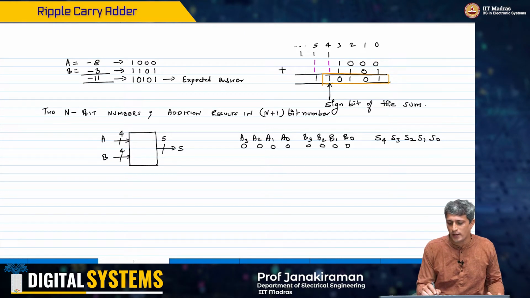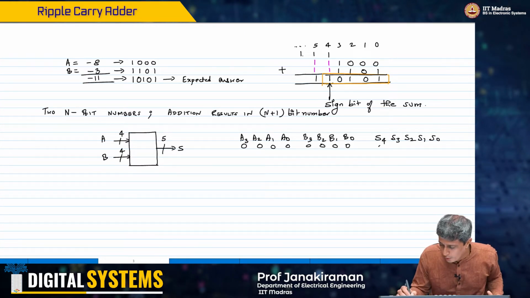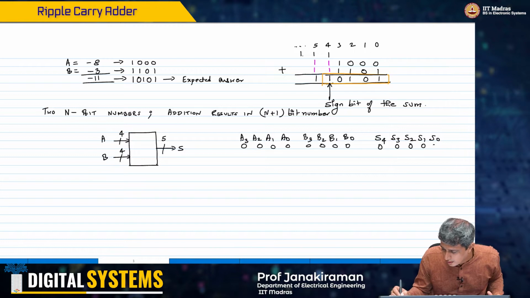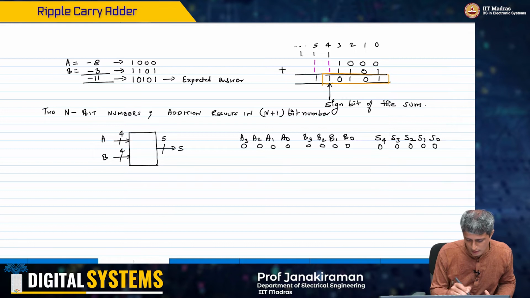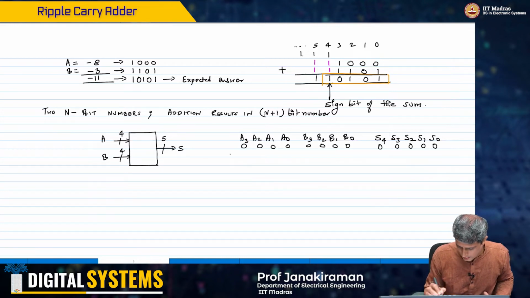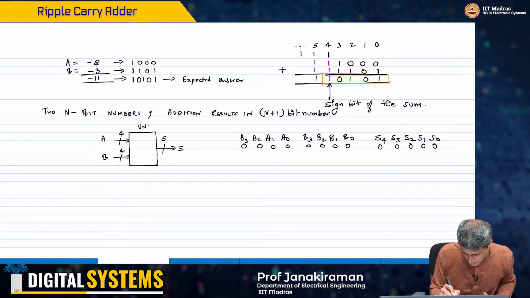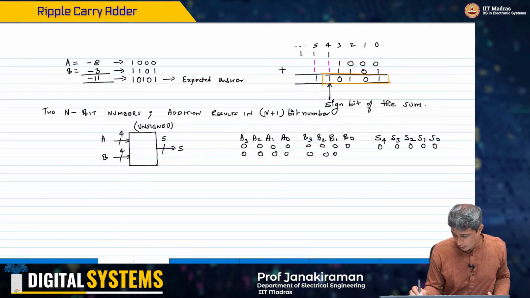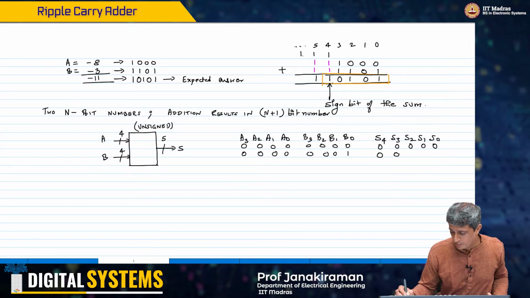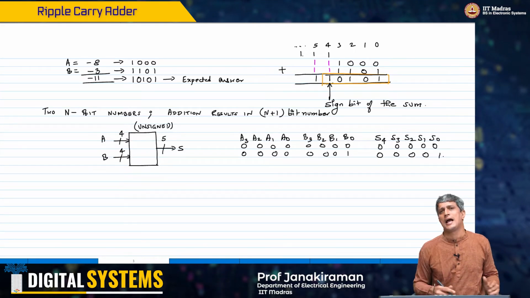And then you know that, for example, 0 plus 0 should be all zeros. I am just considering unsigned numbers for now. Then 0, 0, 0, 0, 0, 0, 0, 1, the answer should be simply this, and so on.